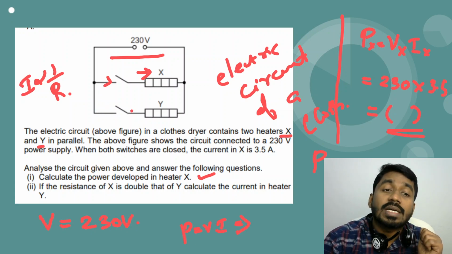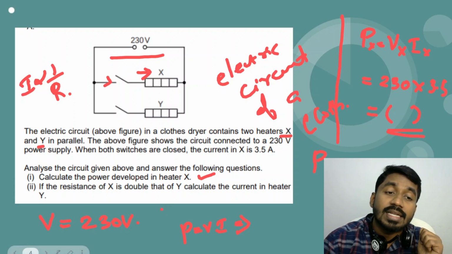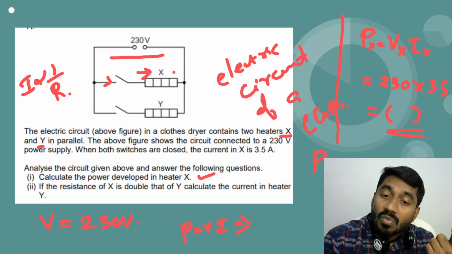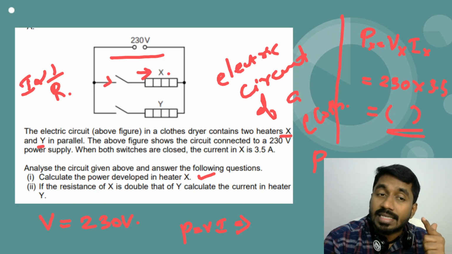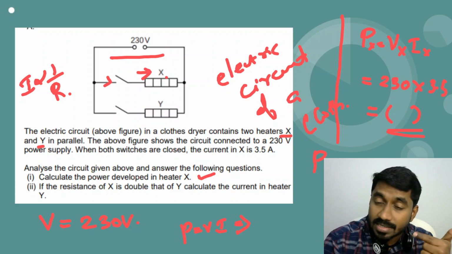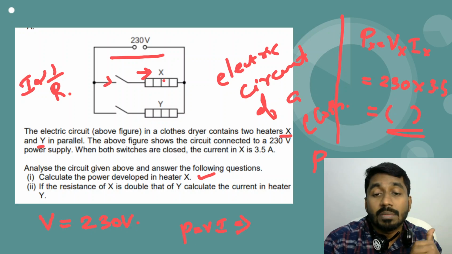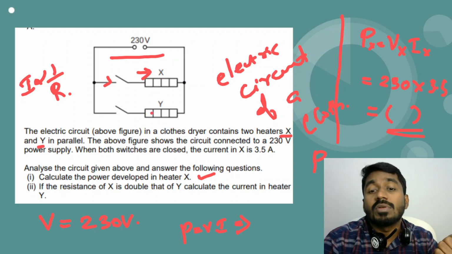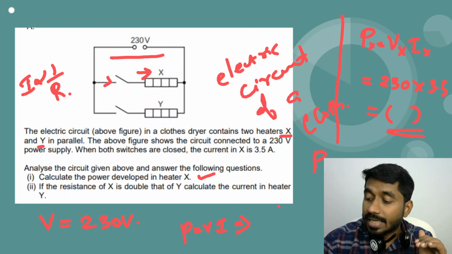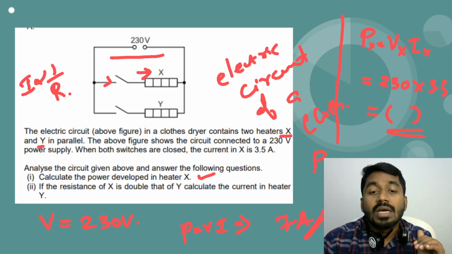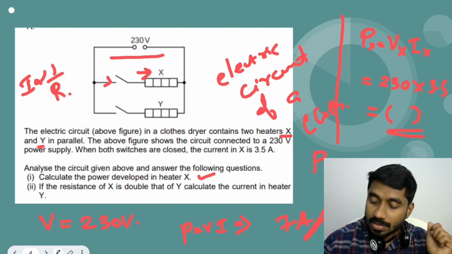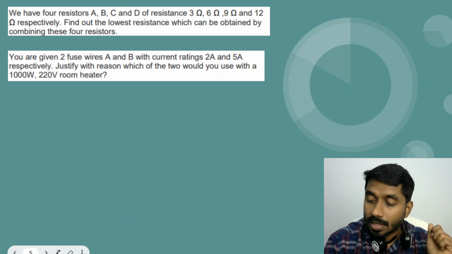So what will be the current passing through Y? When the resistance in this arm is increased, the current becomes half, then the remaining current will pass through Y, and we can take it as 7 ampere. Understood? So let's move on to the next question.